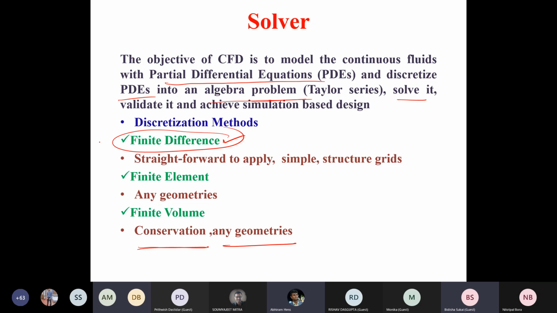However, for fluid flow problems, in most commercial or open source software, you will see that finite volume is adopted because it has some inherent advantages. In the next classes we will see the finite difference first, which is easier to understand, and then how it differs from the finite volume method.